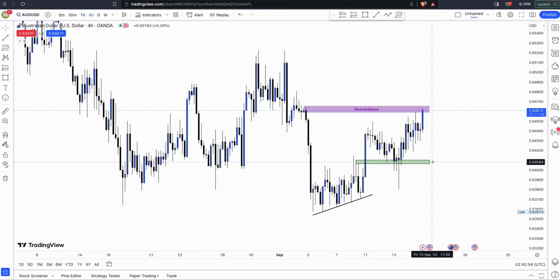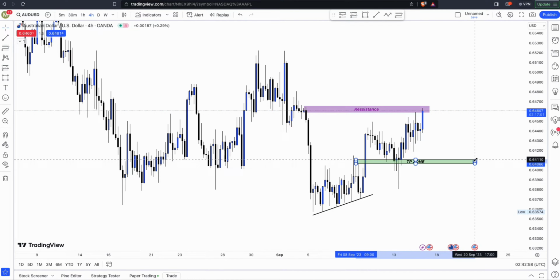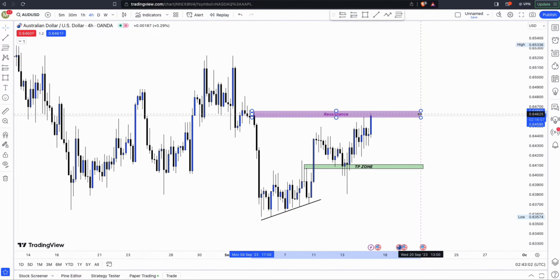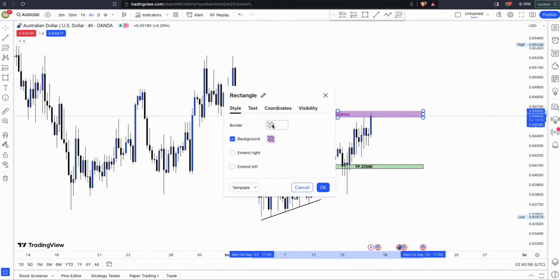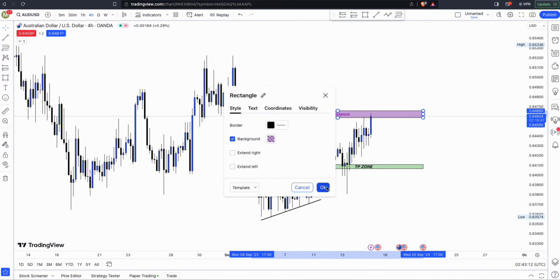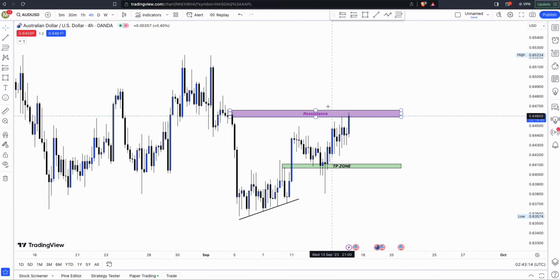So let's make this a little bit more clearer. I'm going to make the border look a little bit better. Okay, so we have resistance there.